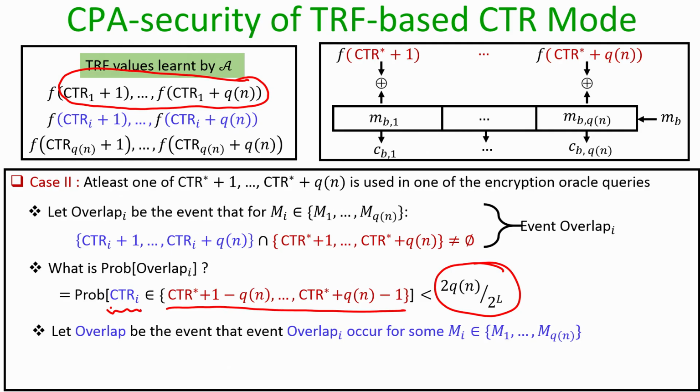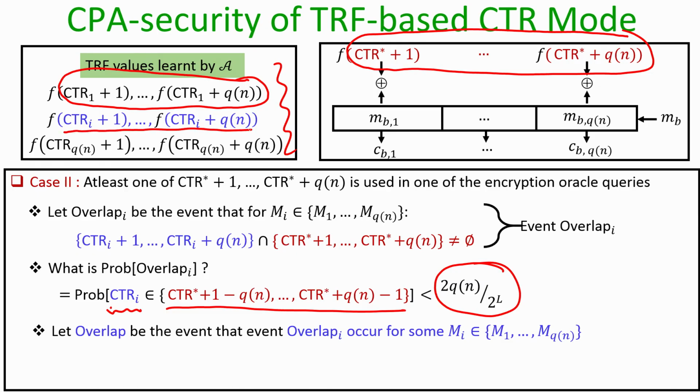Now, our goal is to analyze the probability that the counter values used for encrypting the challenge plain text get repeated in any of the qn queries. Remember, the adversary made qn queries where each query consists of qn blocks, and whatever we have analyzed till now was with respect to only one specific query, namely the encryption oracle query for the ith message.